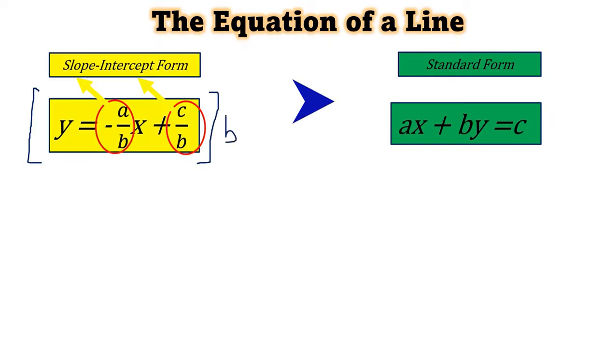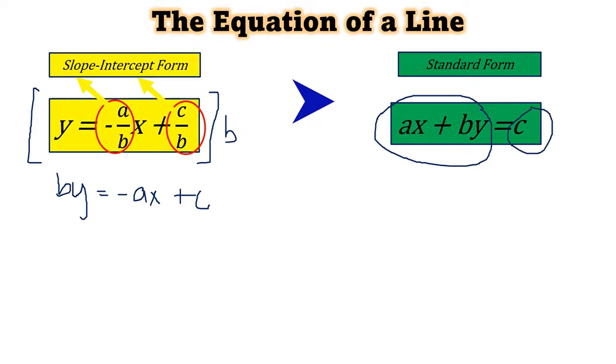b times y equals by. Negative ax over b times b is negative ax. c over b times b is c. Notice that in the standard form, both the variable x and the variable y are on the left side of the equation, while the constant term is on the right side of the equation.